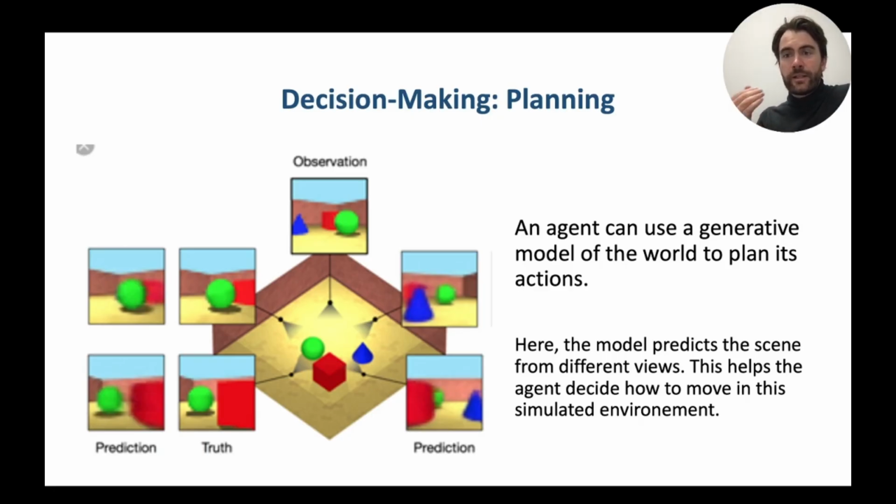It can imagine doing a certain set of actions and anticipate the outcome. By imagining the results of its actions, it can choose the best action and plan the best sequence of actions it can take. This is a very promising application of generative models that a lot of researchers care about.